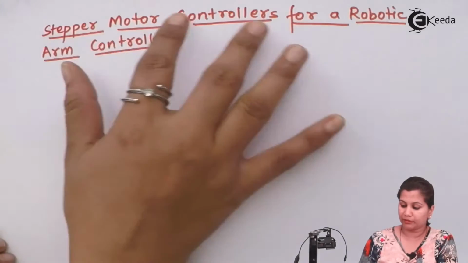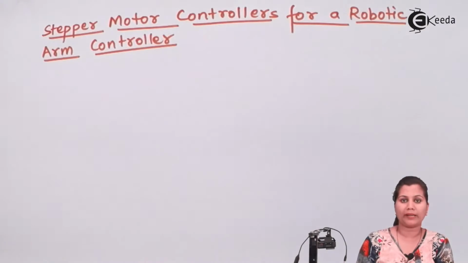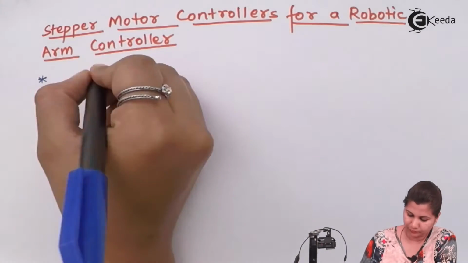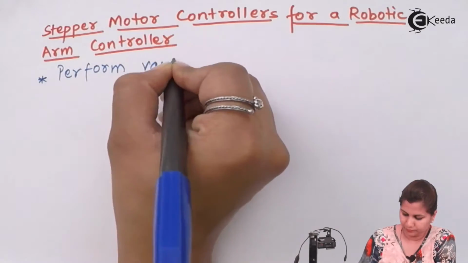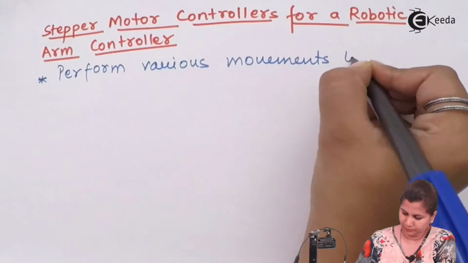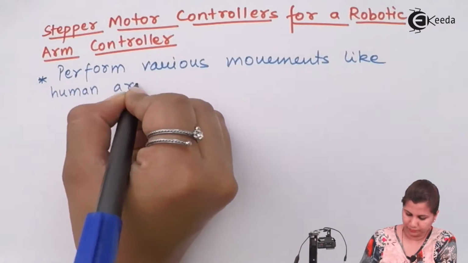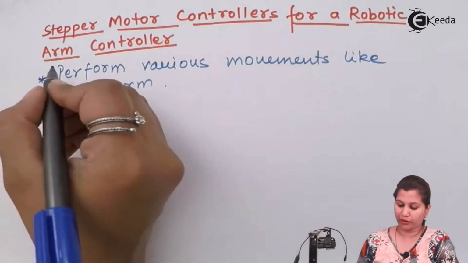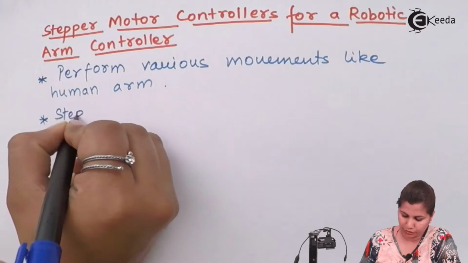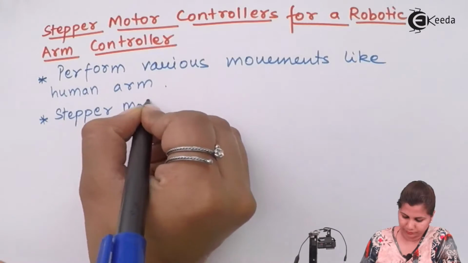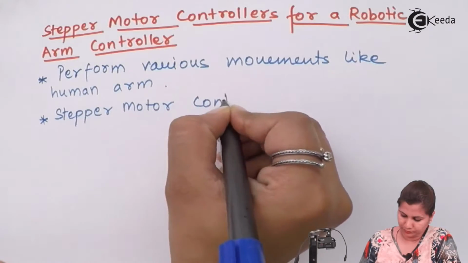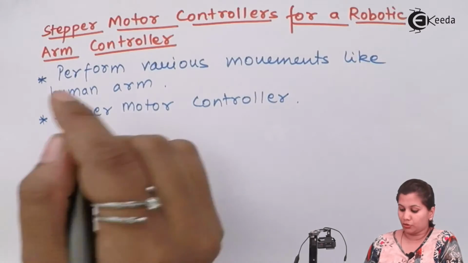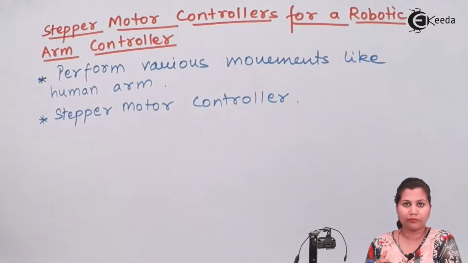So the robotic arm controller also provides human arm movements. To perform these movements, we have a stepper motor controller. So the stepper motor is used for the movement of the arm.